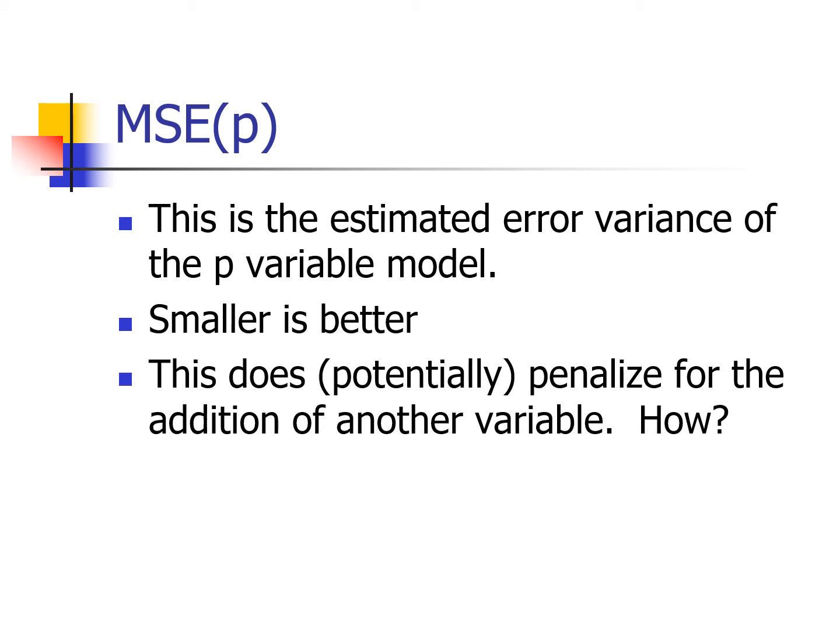Well, remember, the MSE is the SSE divided by n minus k minus 1. We've been using k as our maximum number of variables, so technically it would be n minus p minus 1: sample size minus the number of variables in our model minus 1.